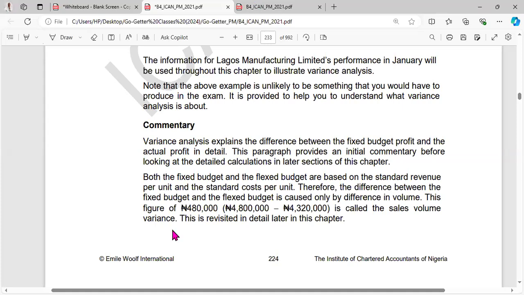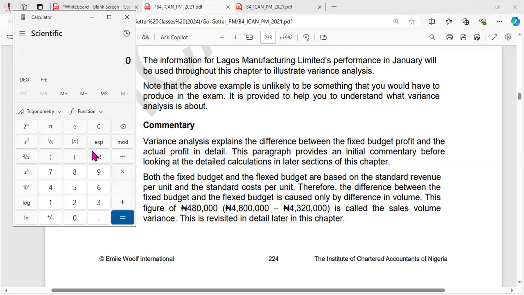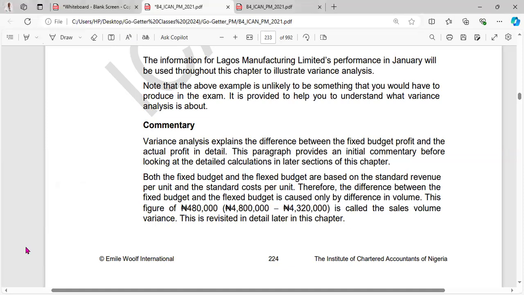So this 4,800,000, okay, let's look at it now. Let's see what they are saying. 4,800,000 is the profit for the fixed budget, minus 4,320,000 is 480,000. This is caused by volume, and that is called volume variance, which we will discuss later.